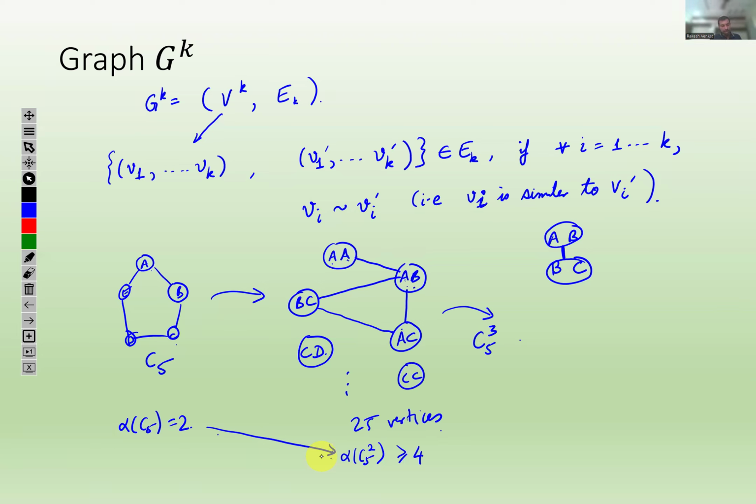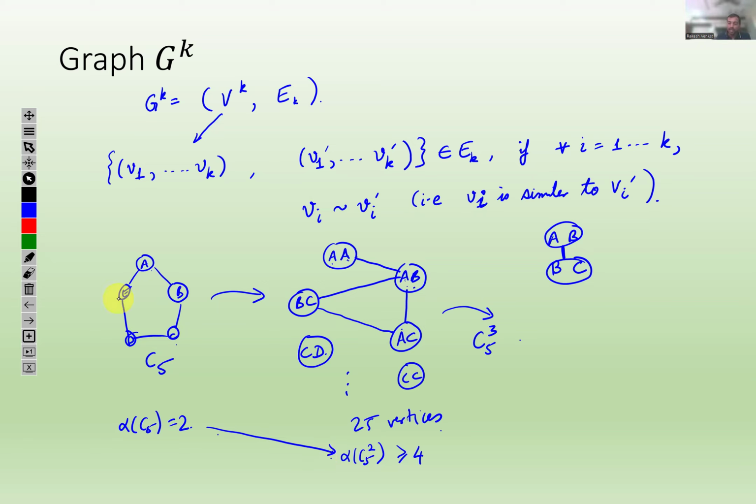Why does an independent set of size 2 here lead to an independent set of size at least 4 in the higher graph? All the combinations of this independent set could also be independent because they will. Exactly. Wonderful. So if you take an independent set here, for instance, suppose I take, say, B and E here.